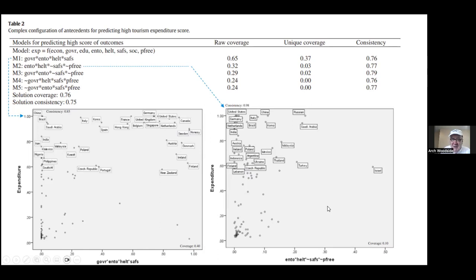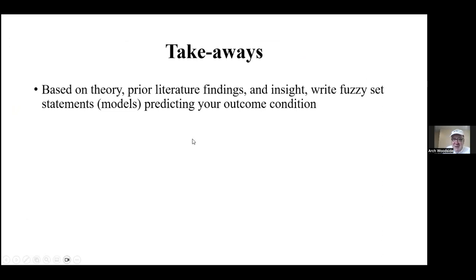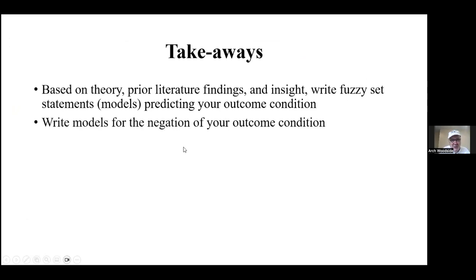And it's very important to look at some XY plots, not just look at the consistency index and the coverage index. So the takeaways from this is that based upon theory, prior literature findings, and your own insight, you write actual statements as to what model will work.